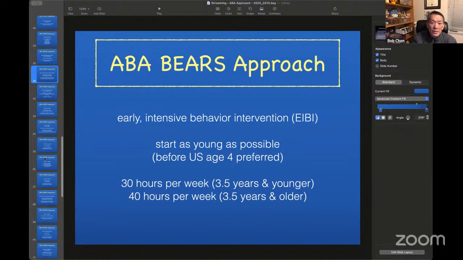We try to work with kids that are under the age of 4. Okay? And when they're young, the younger they are, we don't need to provide as many hours. But as they get into the 3.5-year-old range, that's when they're getting 40 plus hours a week.